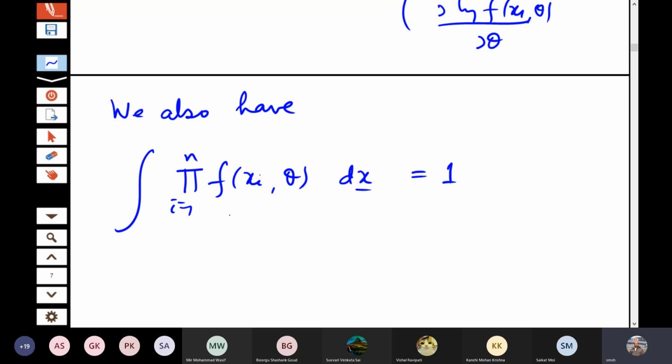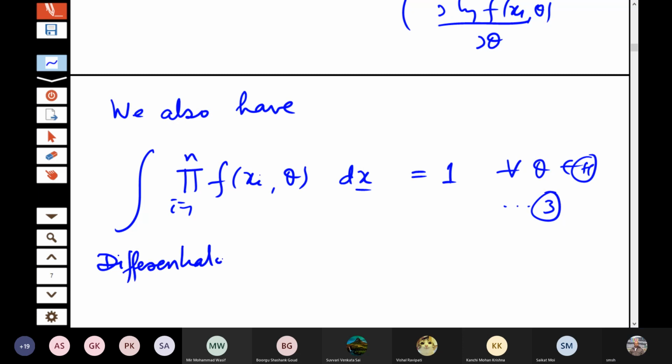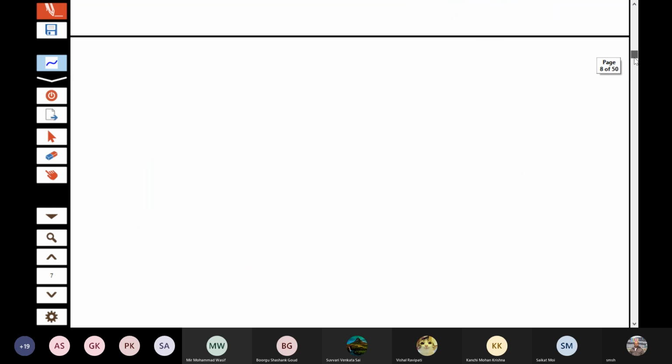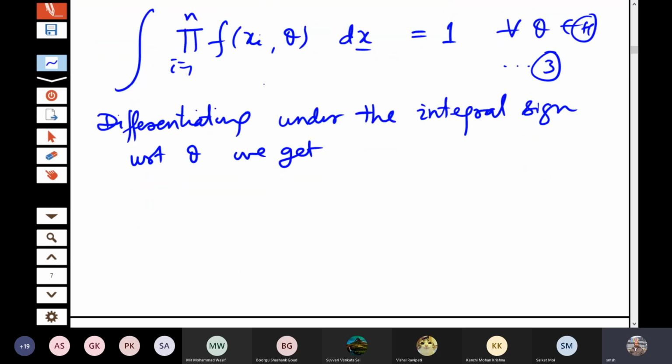If I am considering the integral of the densities, then it will give me 1. Once again, I can differentiate this. Earlier this S(x, theta) was coming in, but now that term is not there.